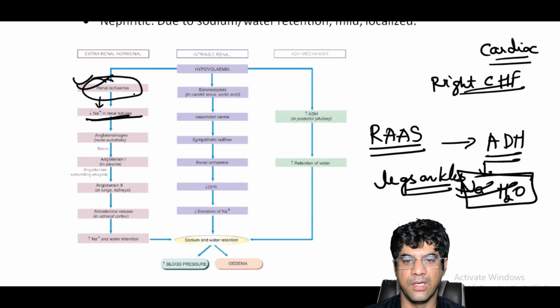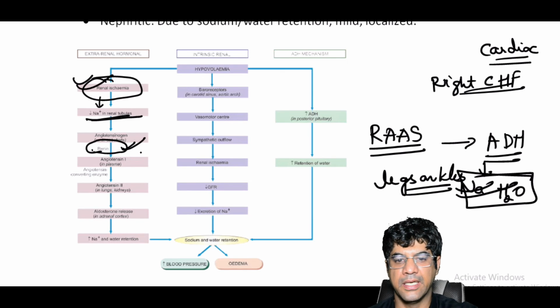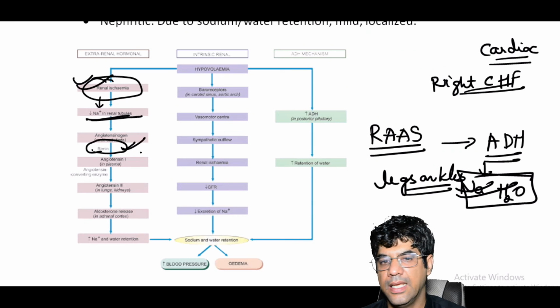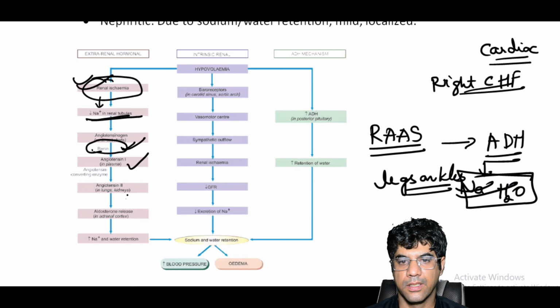The kidney senses low sodium in the renal tubules, which triggers the release of the enzyme renin, secreted by the kidney. Renin acts on angiotensinogen and converts it into angiotensin 1, which is then converted into angiotensin 2 in the lungs by the enzyme ACE.